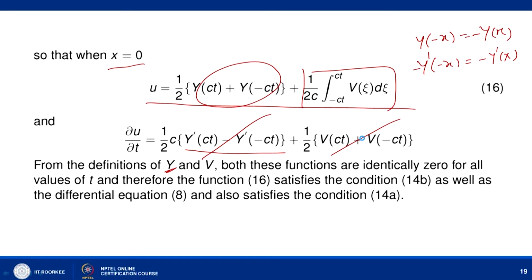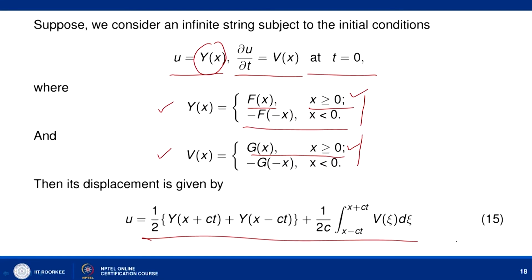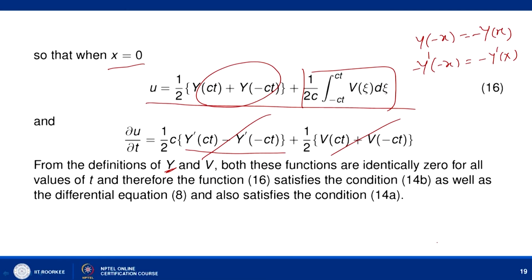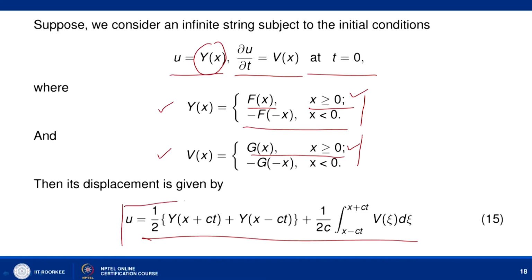So, it means that the solution given by equation number 15 will satisfy all the initial conditions and the boundary condition given at x equal to 0. And so, we can take the solution given in 15 as a solution of the semi infinite problem, and in this way our D'Alembert solution is still applicable for the semi infinite problem as well.